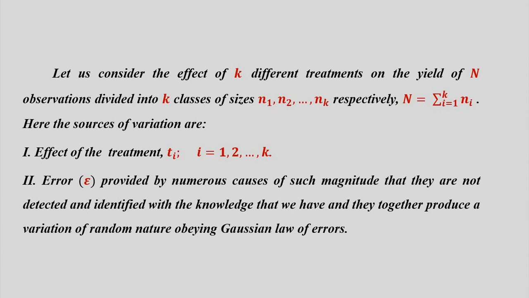There are k treatments, so their effects are denoted as Ti, where i takes the values 1, 2, 3 up to k, and error epsilon, provided by numerous causes of such magnitude that they are not detected and identified with the knowledge that we have, and they together produce a variation of random nature obeying the Gaussian law of errors.